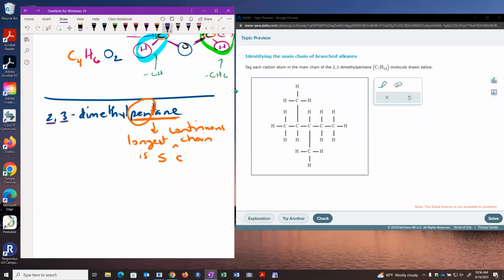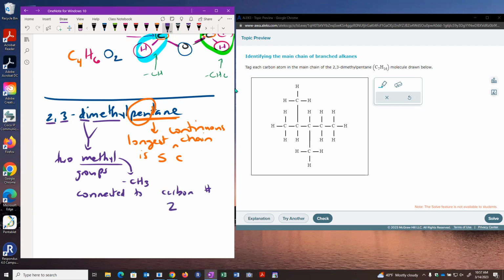So 2,3-dimethyl. So this means that we have 2 methyl groups. Okay, and a methyl is a CH3. And these are connected to carbon number 2 and to carbon number 3, right? So we have a CH3, and this CH3 is a C and 3 H's that looks like that.